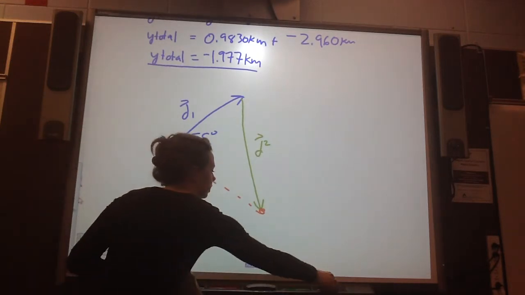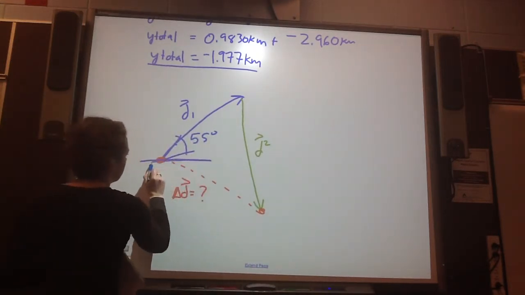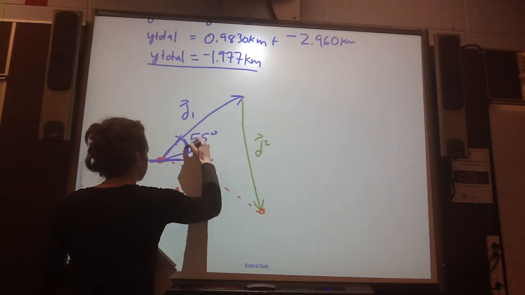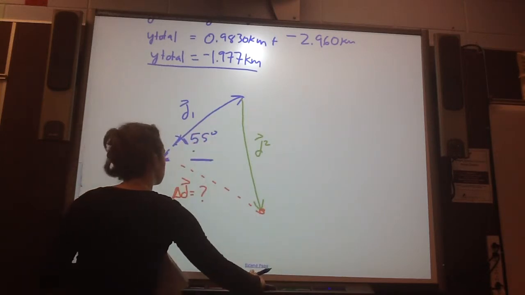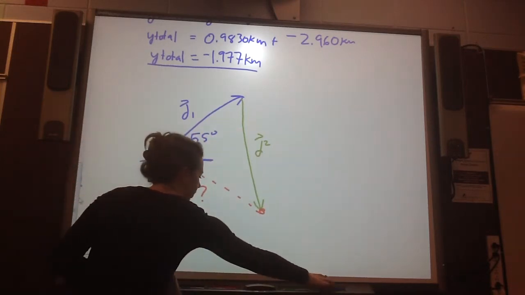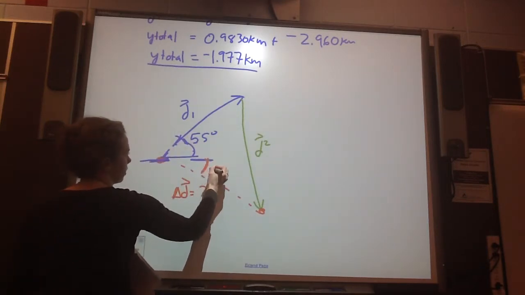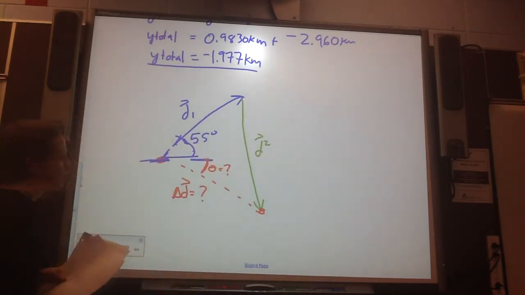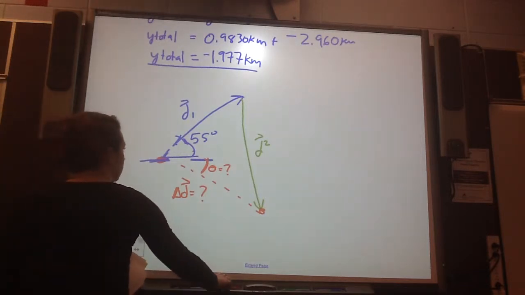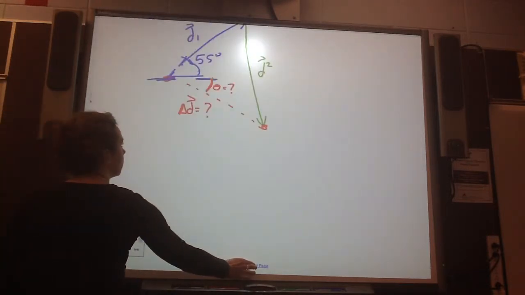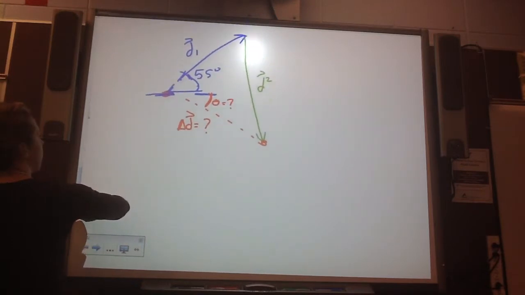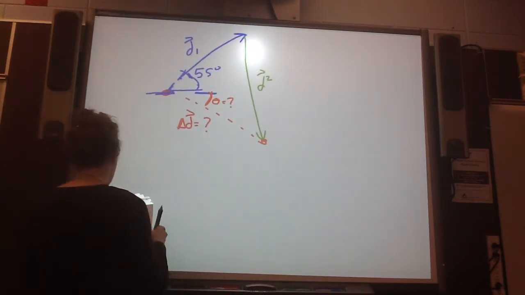So in order to find my true displacement, I also need to be looking for the angle here. So to find our red line, we can use Pythagorean theorem.